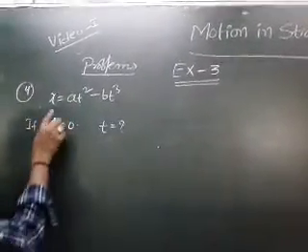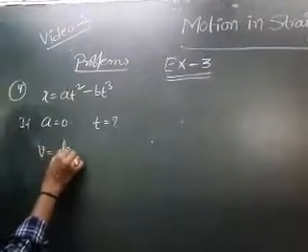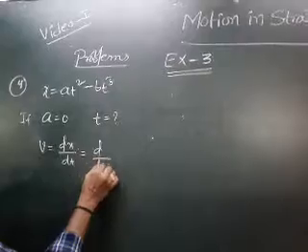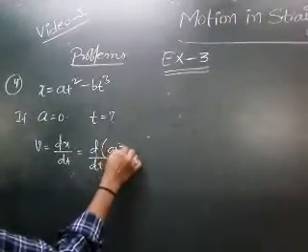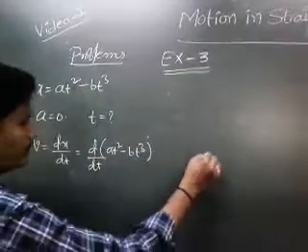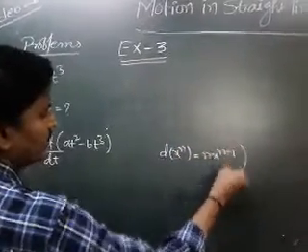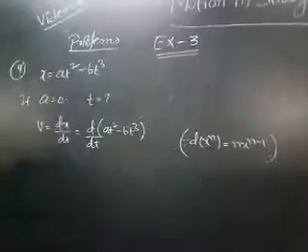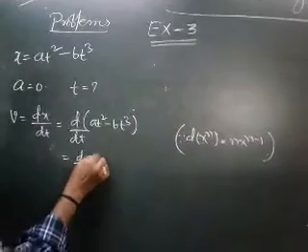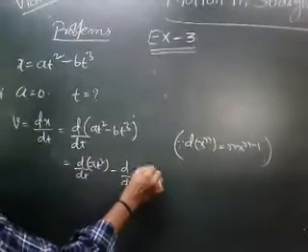This is the question. Then first we can find the velocity. Velocity is equal to rate of change of displacement. Therefore, d by dt of a t square minus b t cube. The derivative of x power n formula is n into x power n minus 1. So this is the formula of derivative. Therefore, d by dt of a t square minus d by dt of b t cube.